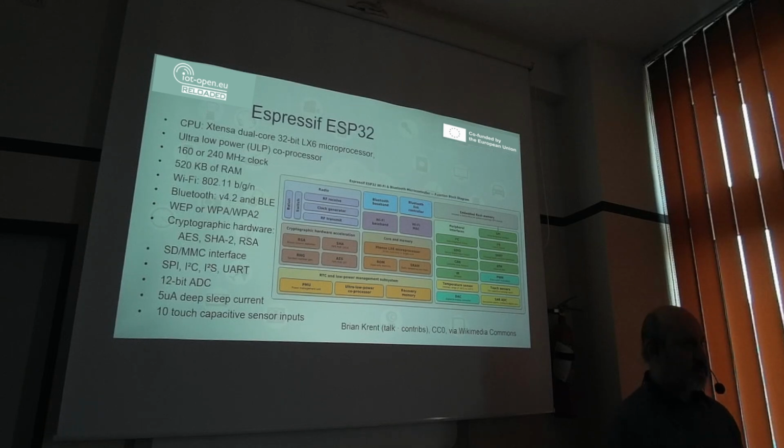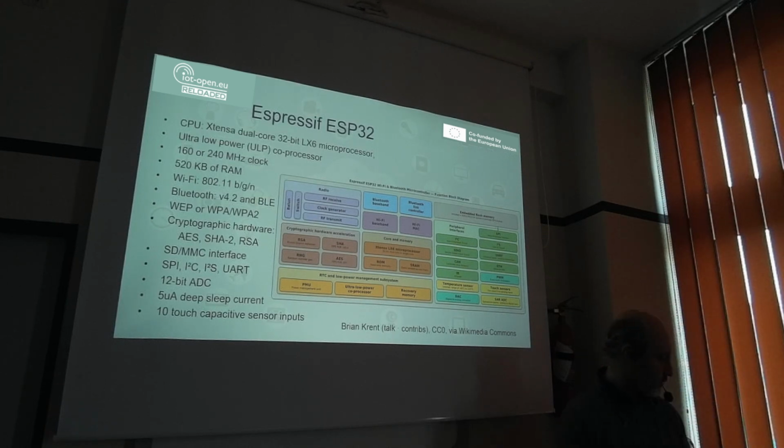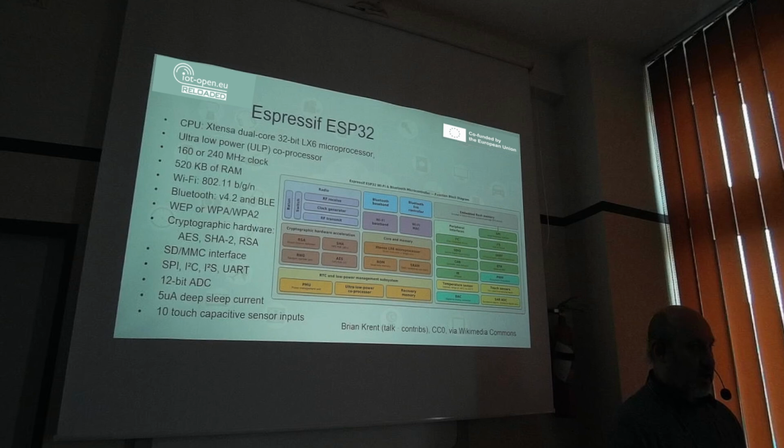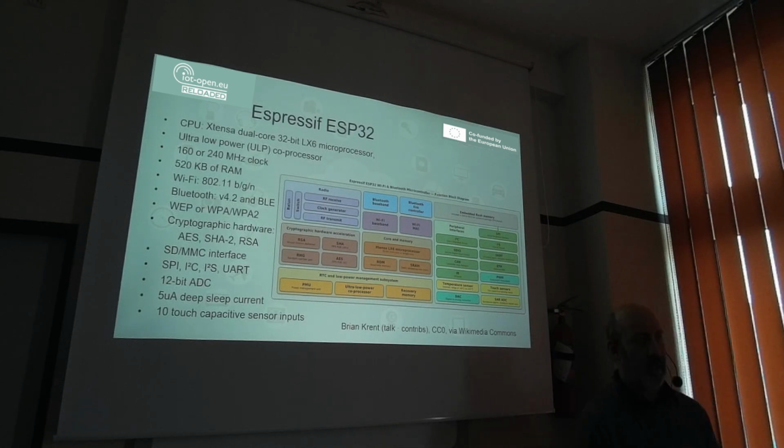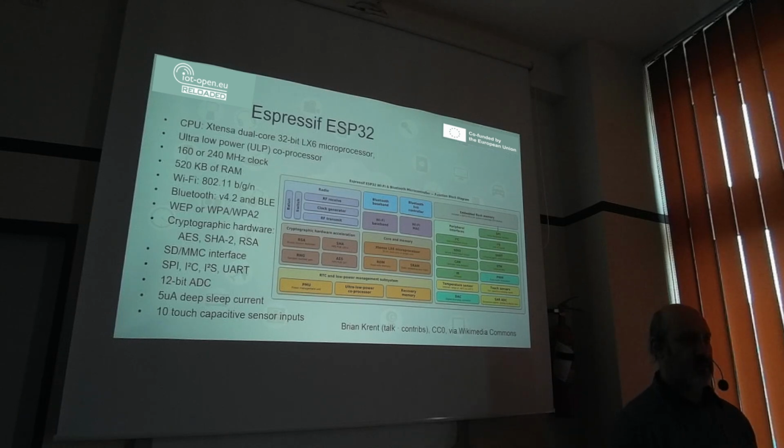The main processor has higher clock frequency, comparing to ESP8266, because it can operate up to 240 megahertz. It has half megabyte of RAM memory inside, Wi-Fi, and also Bluetooth. So this is very interesting that here we have also Bluetooth and Bluetooth Low Energy.